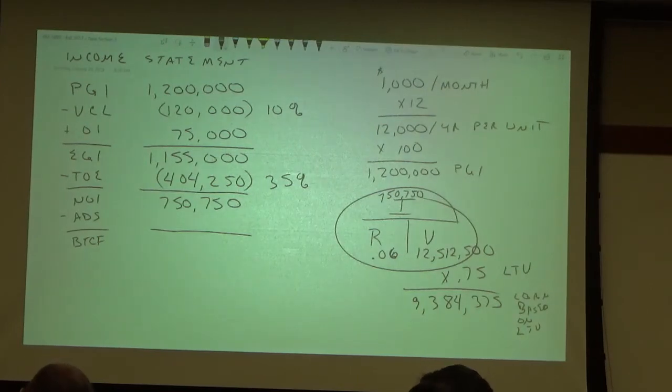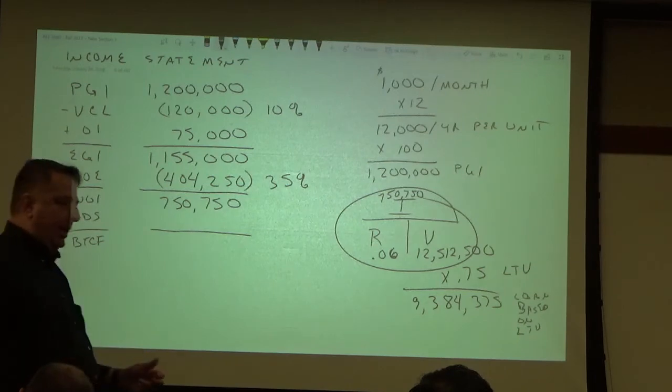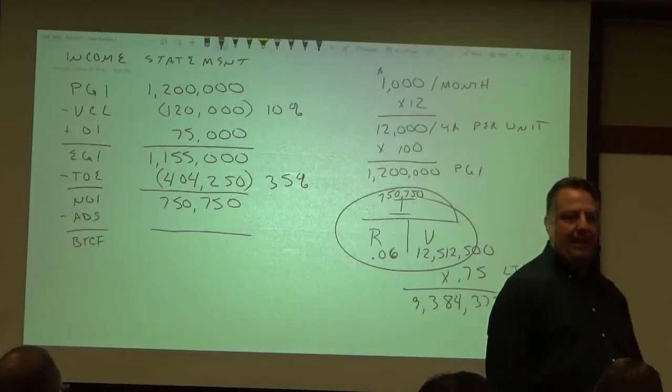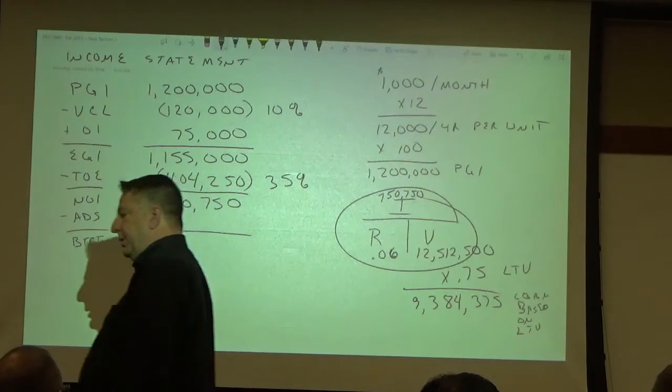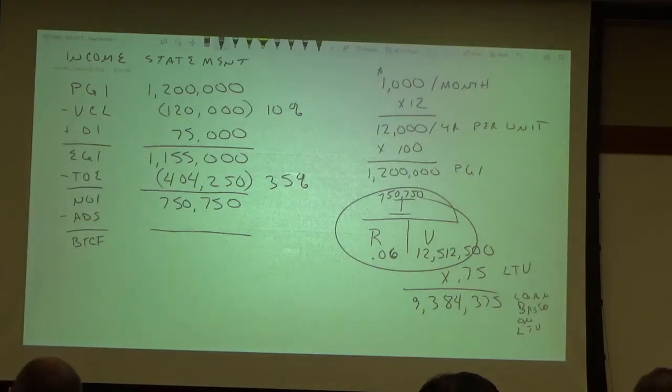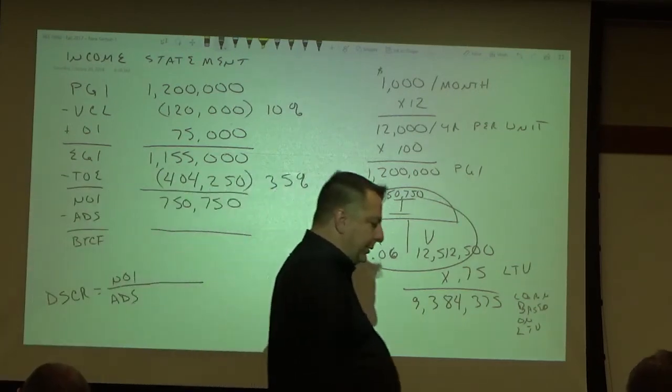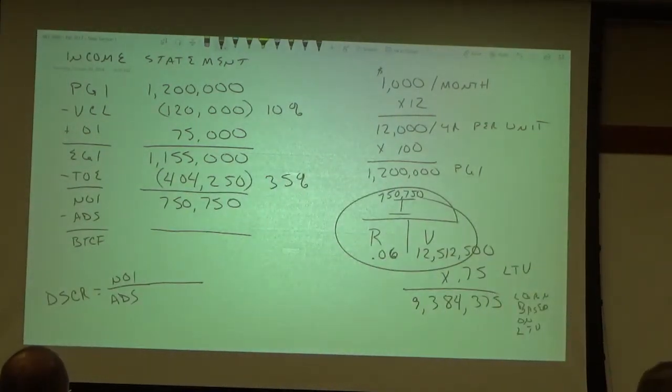Now, another metric that a lender may use is something called a debt service coverage ratio, DSCR. The debt service coverage ratio is equal to the annual net operating income divided by the annual debt service. The lender's number one priority, pretty much their only priority, is very simple. They want to be paid back, okay?